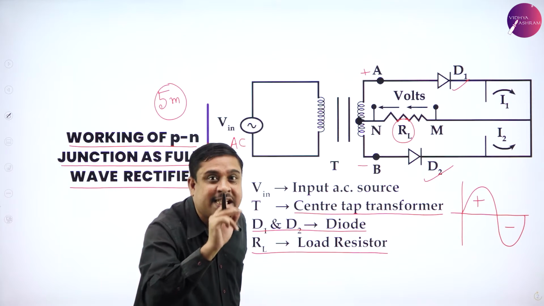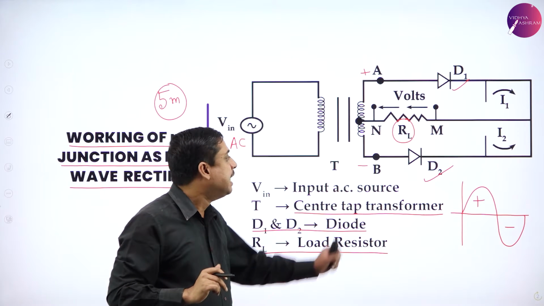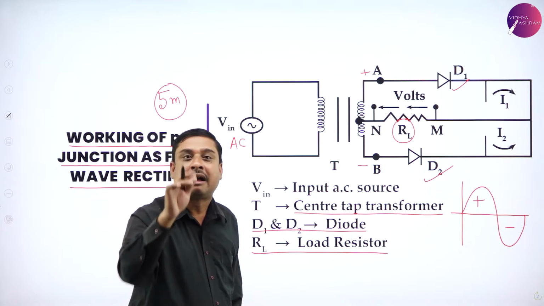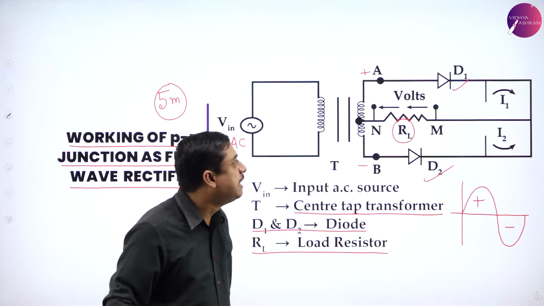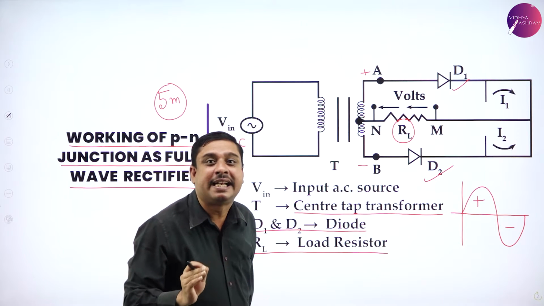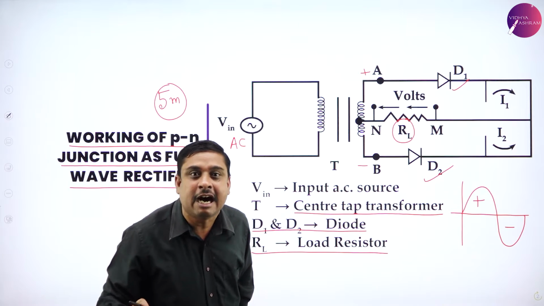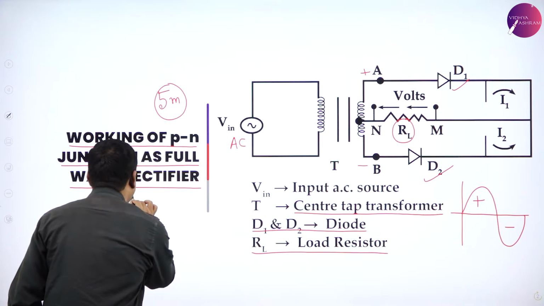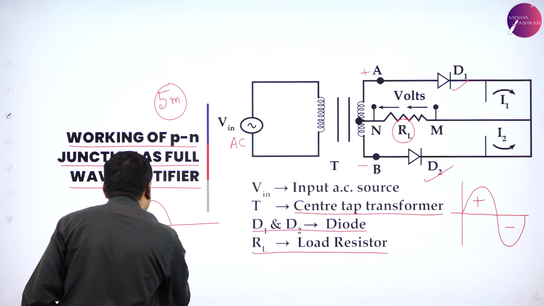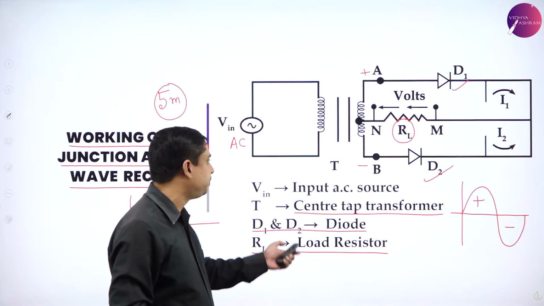D1 is positive, so it conducts; D2 is reverse biased, so it does not conduct. Therefore, a current I1 is flowing through the load resistor RL. So, if I observe the output here, the positive half cycle is getting rectified.